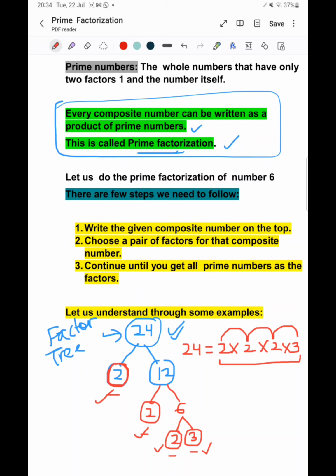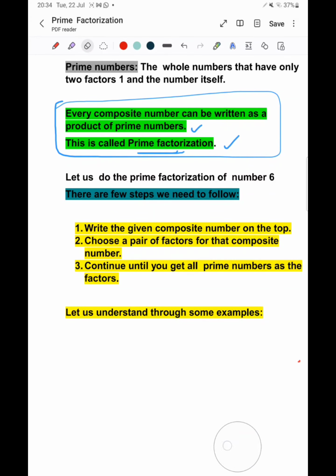As I told you, you can split 24 into 2 times 12, or you can find any other pair also. So let's try another example with 24 but another set of factors. Let's say I choose to write 24 as 4 times 6. They both are composite numbers, so I can further split them. 4 can be written as 2 times 2, and both are prime numbers, so I will stop on this side.